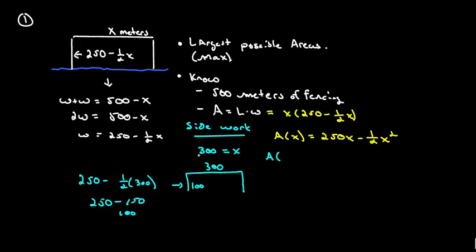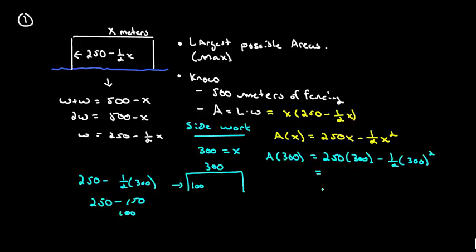The area, when the long side is 300, is going to be equal to 250 times 300 minus 1/2 times 300 squared. It's essentially taking 300 and multiplying it by 100.